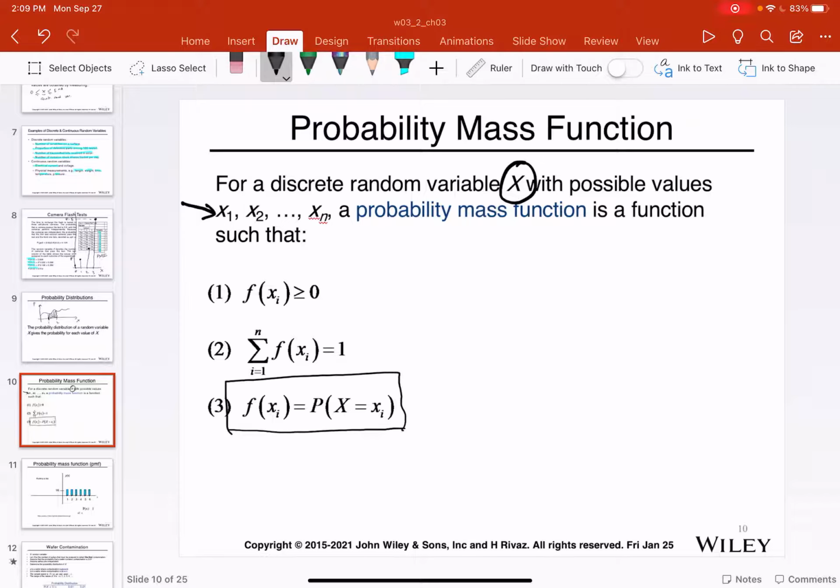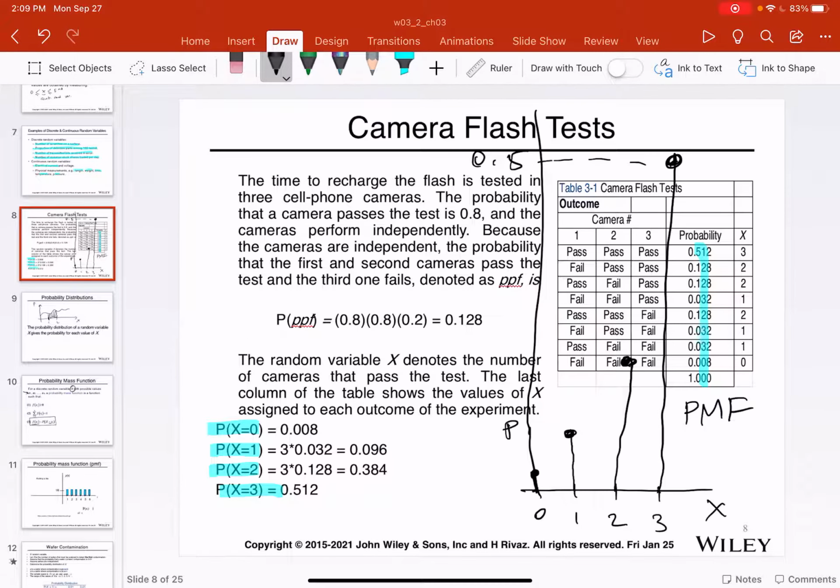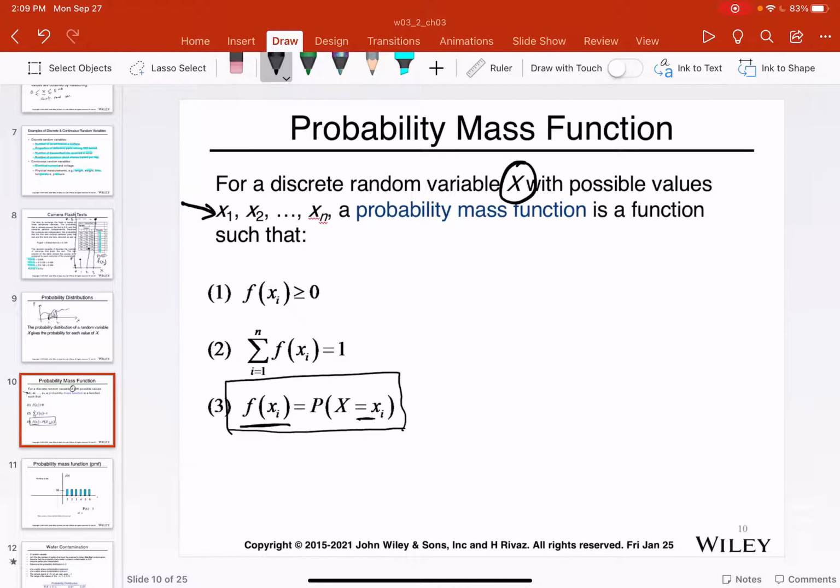That's the definition of PMF. The probability of x equal to xi is denoted as f of xi. So f of xi simply means that the random variable x is some outcome xi.